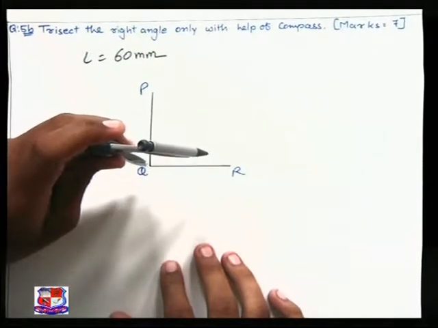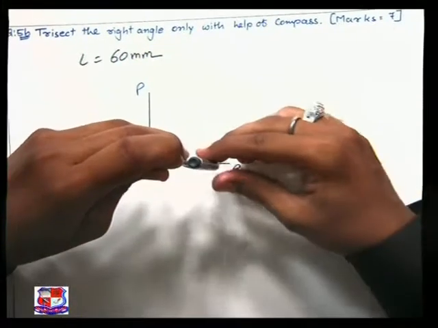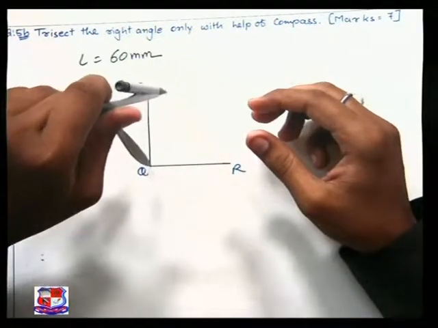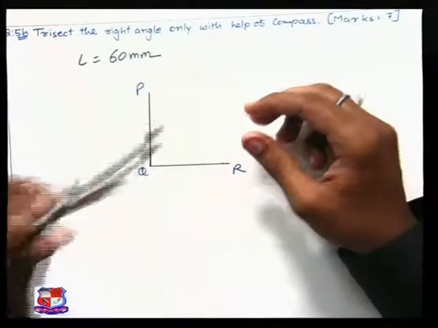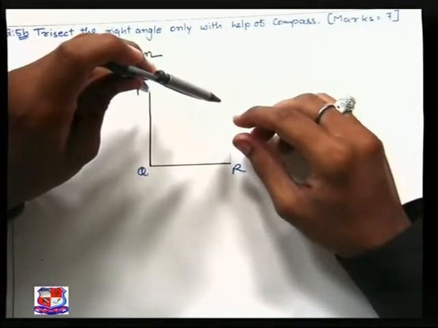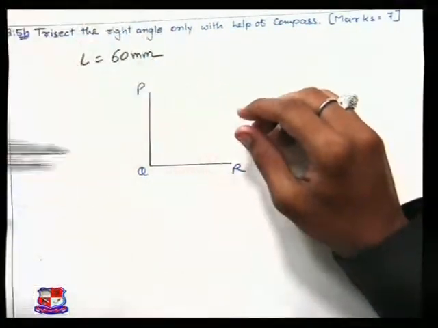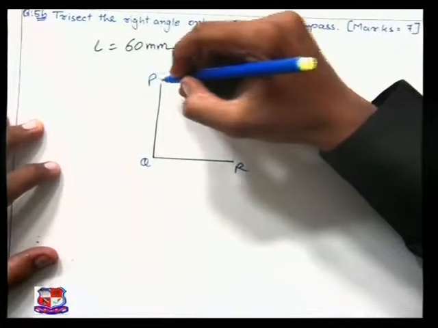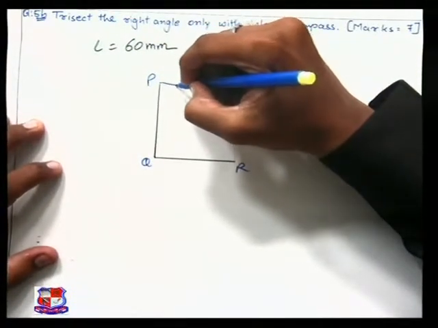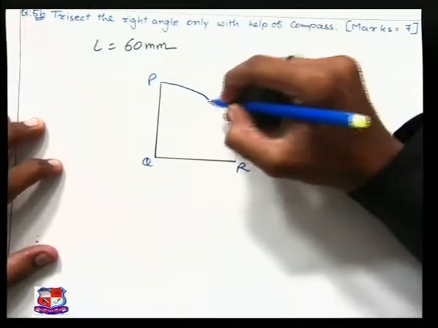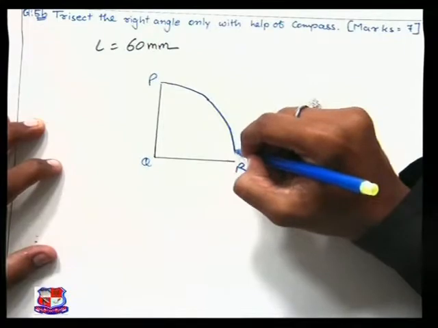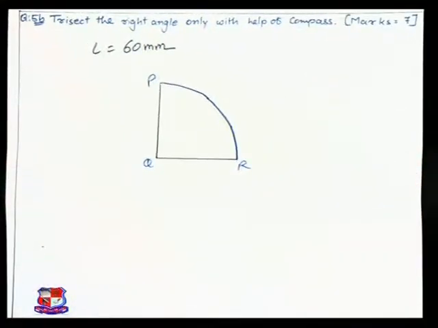Take the compass and draw an arc of 60 mm. You have drawn this arc of 60 mm with the help of your compass.